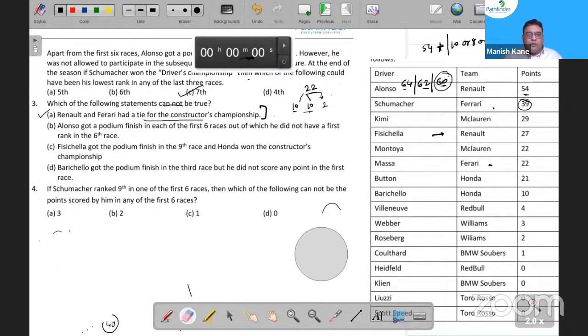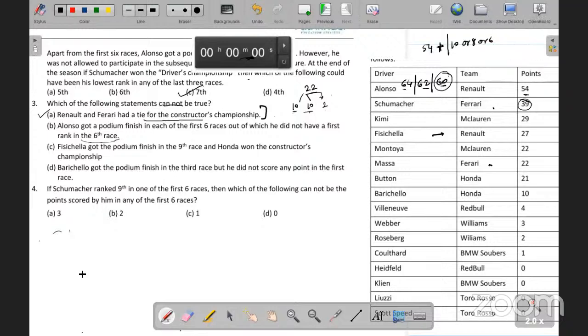What about B? Alonso has got a podium finish in each of the first 6 races, but out of which he did not have the first rank in the sixth race. Is that possible? Yes, sir. That is possible. Why?